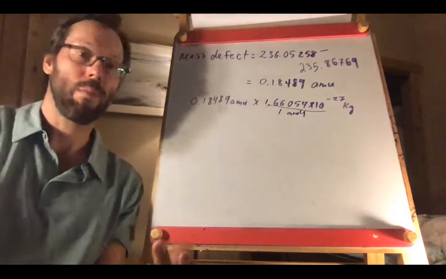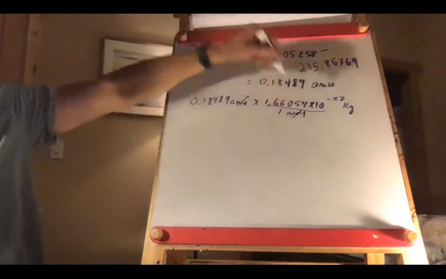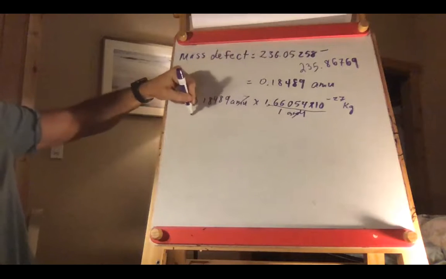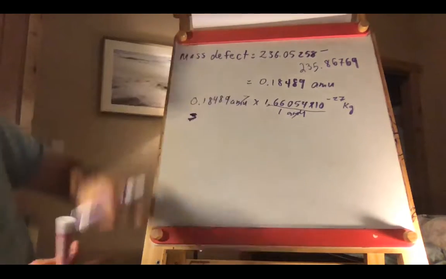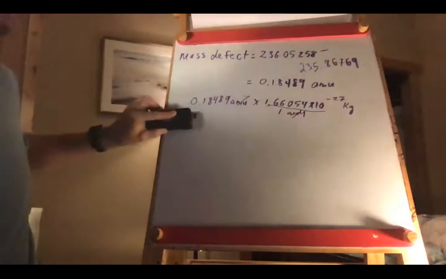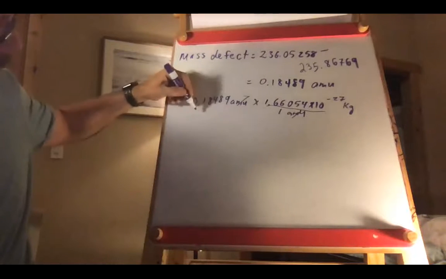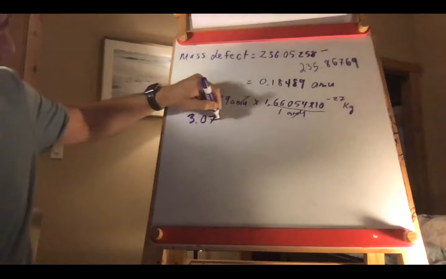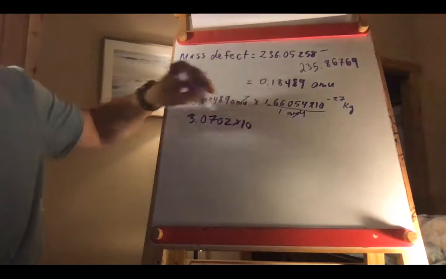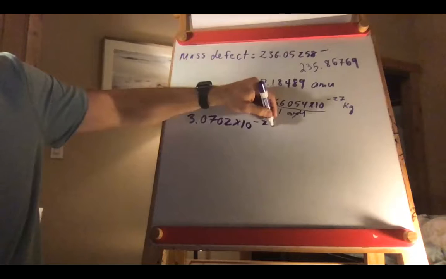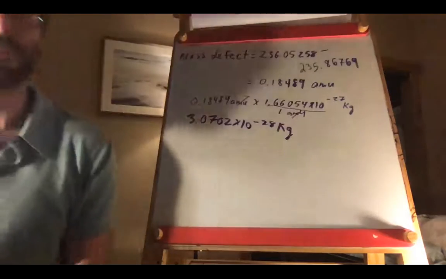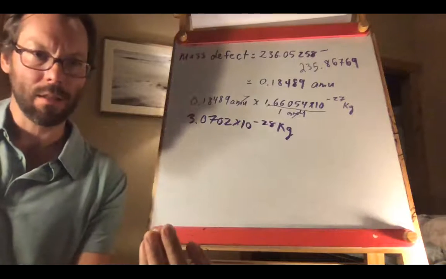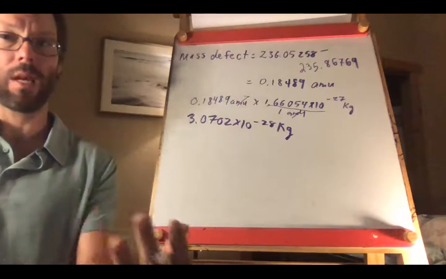Now the AMUs cancel, and we get 3.0702 times 10 to the negative 28 kilograms. That's going to be our mass that we put into E equals mc squared.